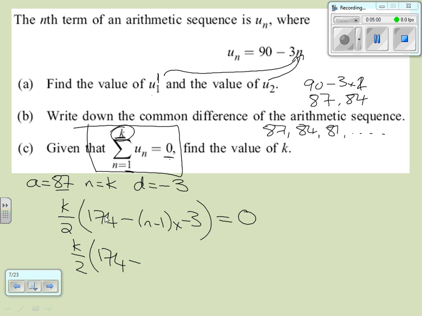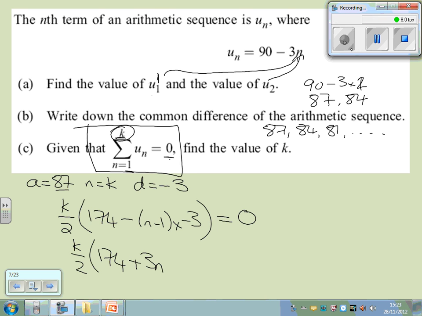That's going to be plus 3n. Oh, I think I've made a mistake. Okay, it was just here, wasn't it? It's a plus. The formula was 2a plus n minus 1 differences, and I was accidentally thinking about the 3 here.